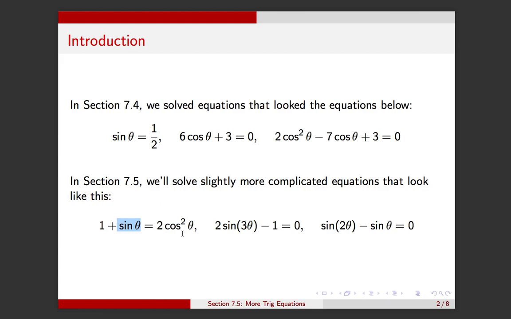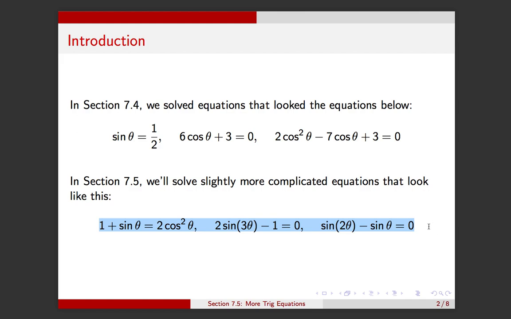So we'll have to come up with some other way of dealing with an equation like this, because when you have a mismatch of terms, a cos theta here, a sine theta here, you can't just factor like we did in section 7.4. And these other two equations, having not a theta, but say a 3 theta or a 2 theta, introduce new wrinkles that we'll have to deal with. So anyway, the goal of this section is to deal with slightly more complicated equations like these.